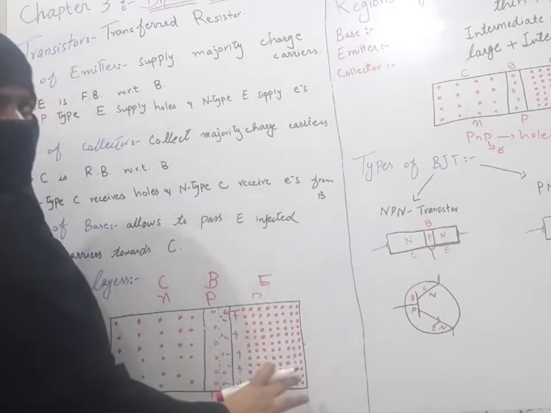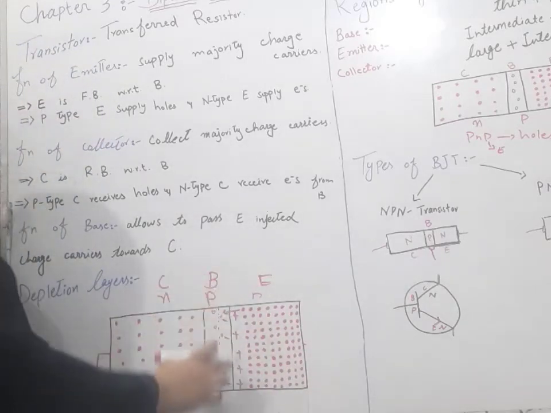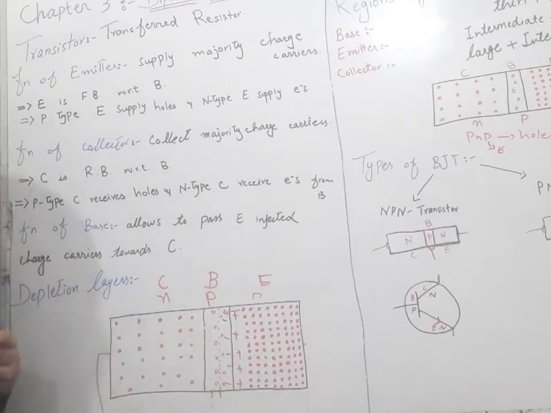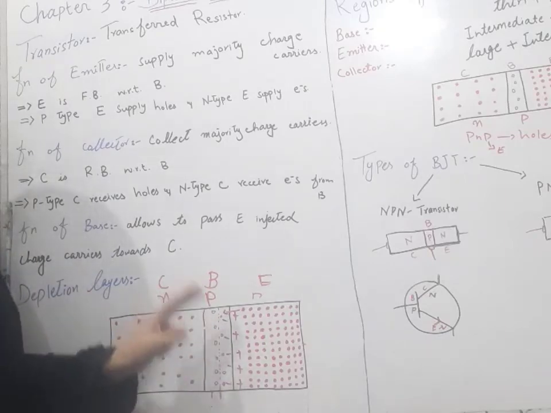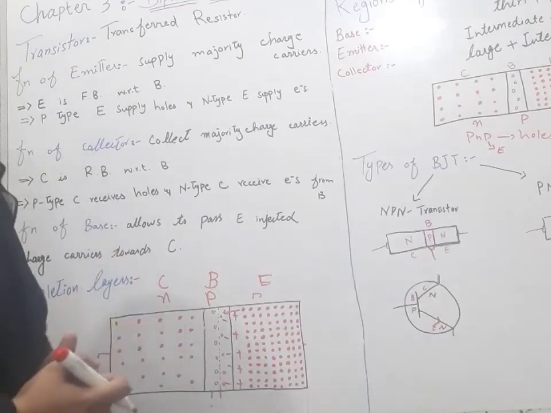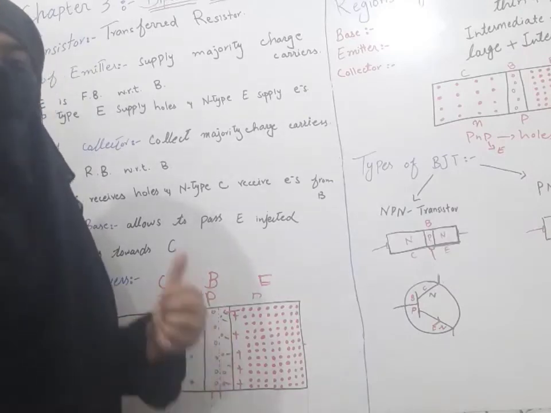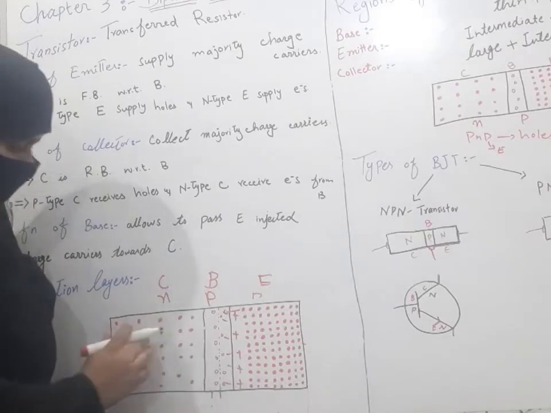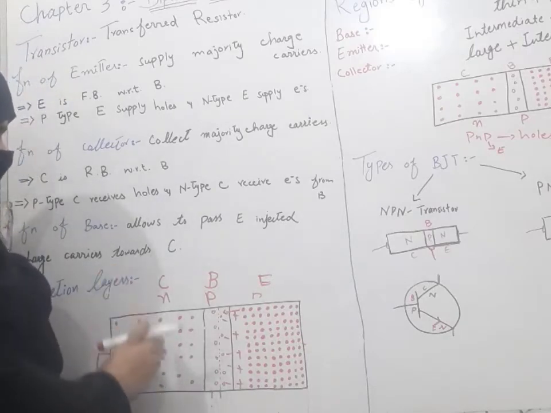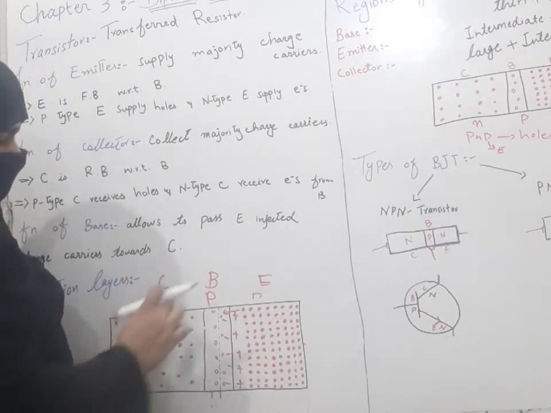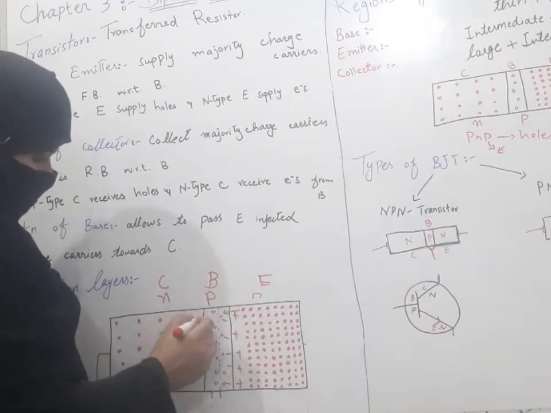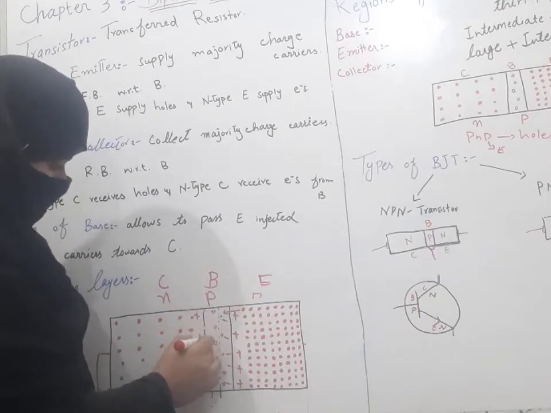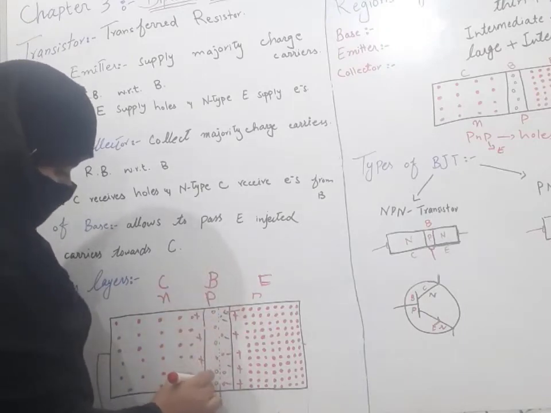As it is losing electrons there will be positive, and the base is receiving electrons, so there will be negative. A junction will be created, and this will be called junction number 1. Electrons also move from the n-type collector towards the p-type base, and there will again be positive and negative.